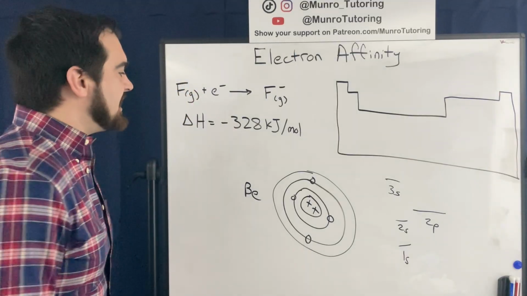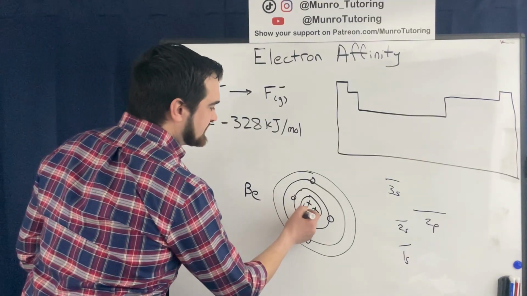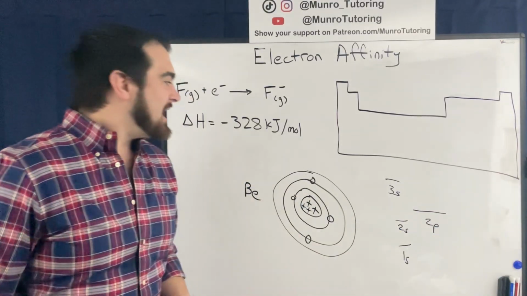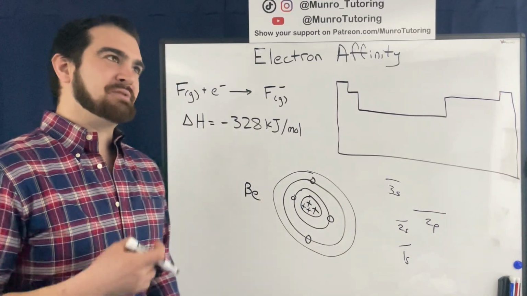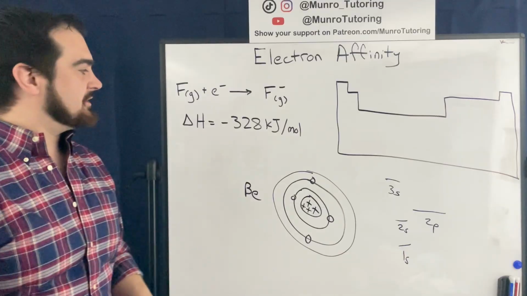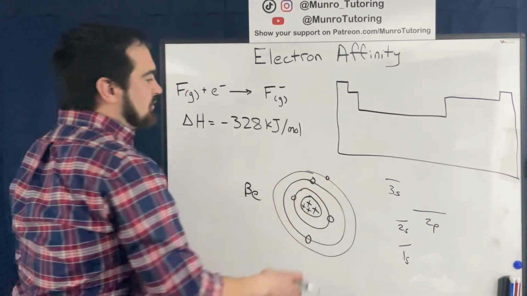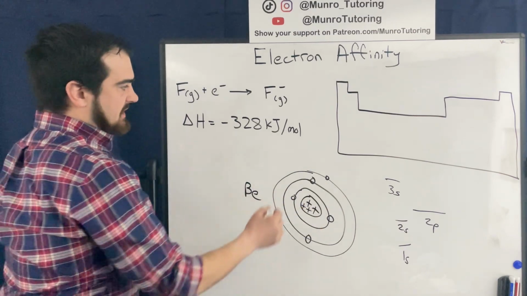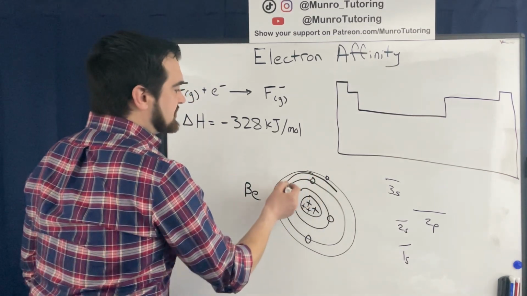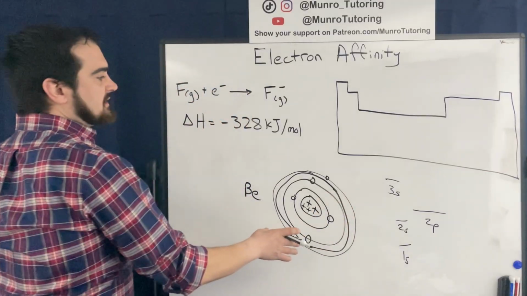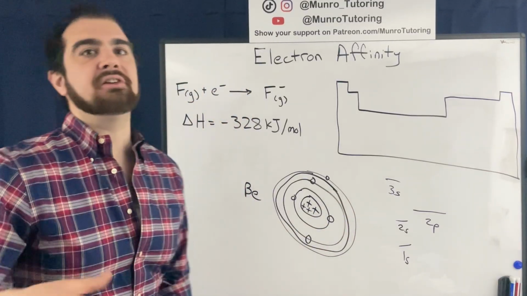I think I'm missing 2 protons for beryllium here. There's 4 protons, it's number 4. From the perspective of this planetary model, if we wanted to add another electron here, what is it seeing? It's seeing this inner region of the 2s and the 1s canceling out the nuclear charge.